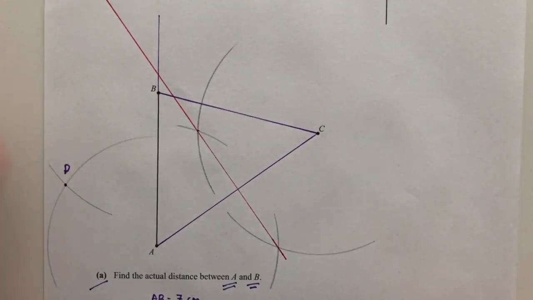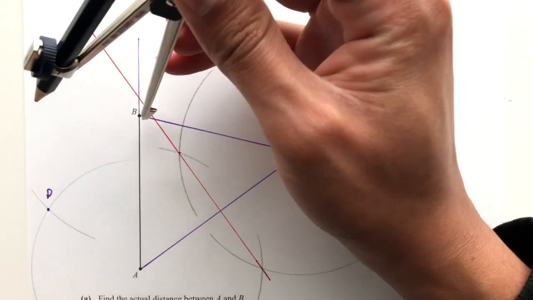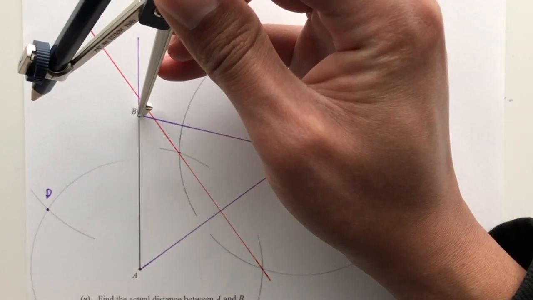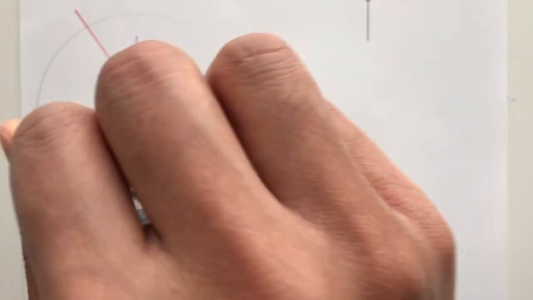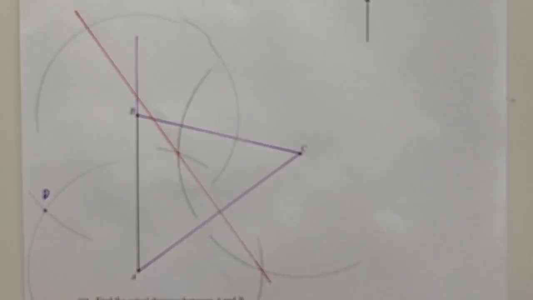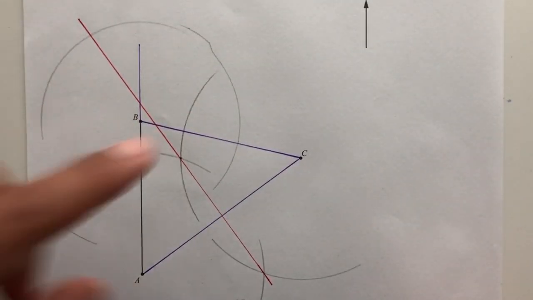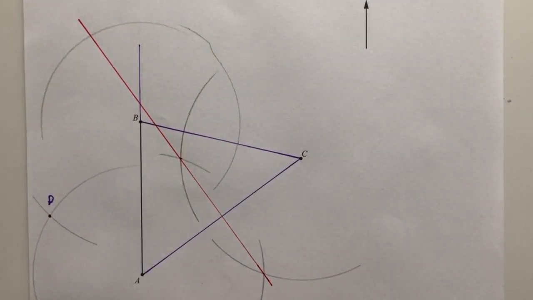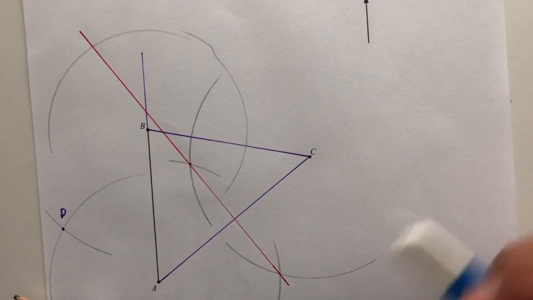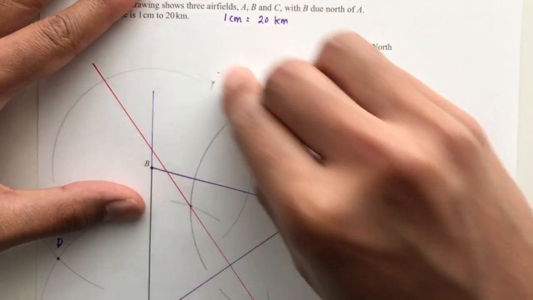Now go to point B, and you have to draw a circle around B. So let's do that. Okay, I have to try again because my line here messed up. Let me correct this.